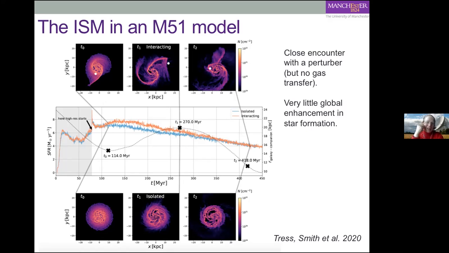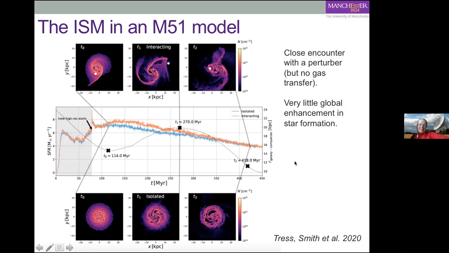So the question Robin asked was, what if that encounter had never happened? Would the same number of stars have formed anyway? Or is there something about that close encounter which has enhanced the star formation? And of course, he and I and most of the people in our team confidently said that it had enhanced the star formation. And as it turns out, it's done absolutely nothing.